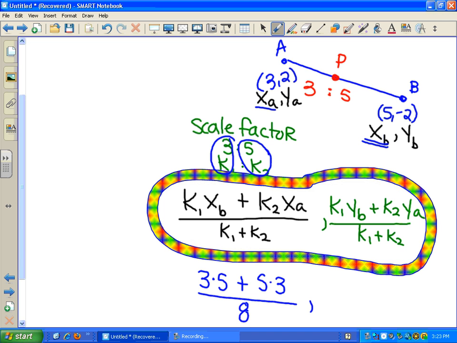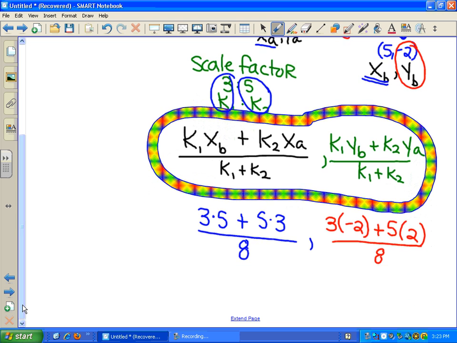Let's find the Y component of point P. It's my K1 value, which is 3, times my Y sub B value, which is -2, plus my K2 value, which is 5, times my Y sub A value, which is 2, all over K1 plus K2, which will be 8.